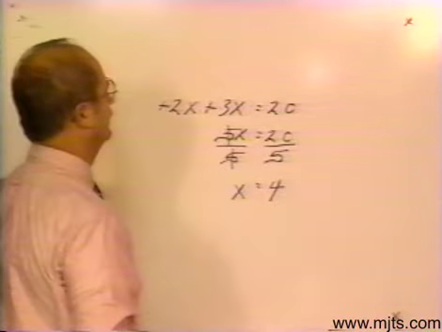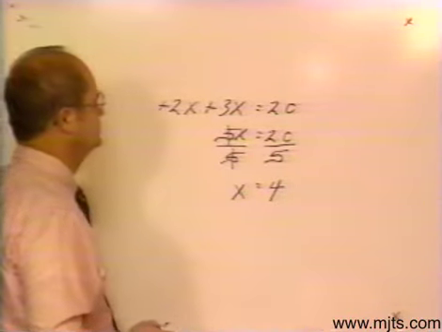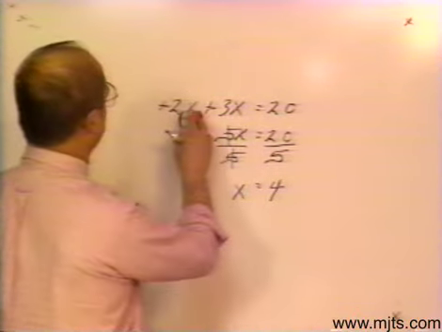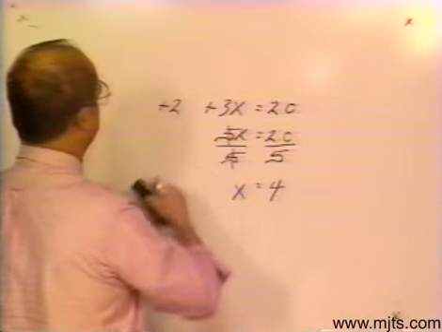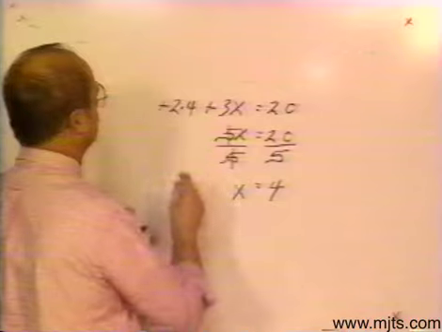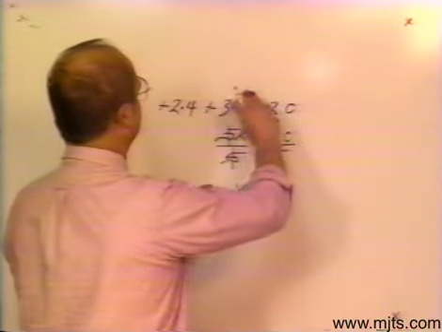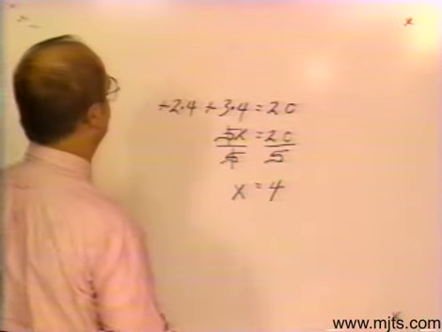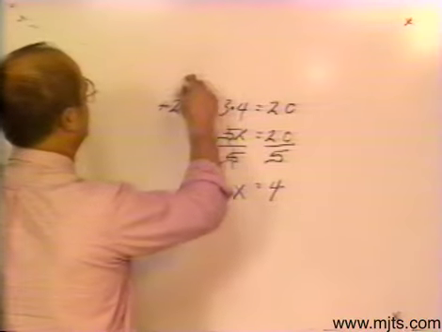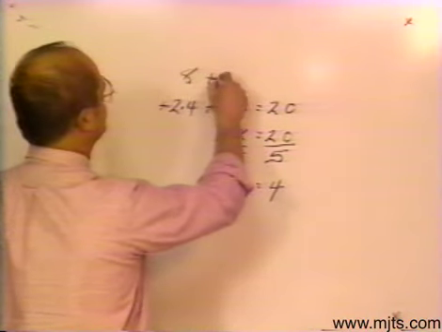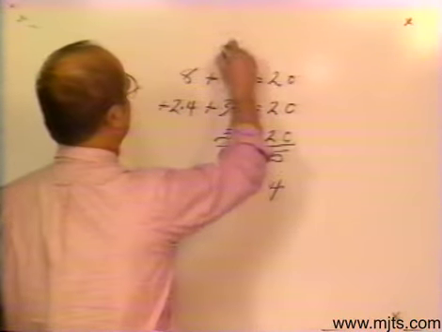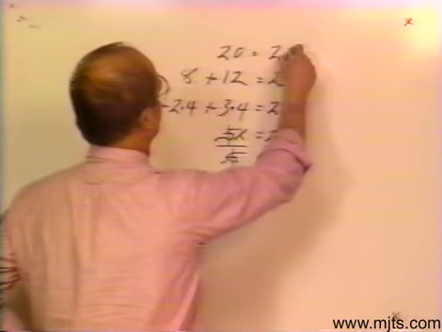Now to prove this out, I can go back to my original formula and plug in 4 times 4 again. Then you see I would have 8 plus 12 is equal to 20, or 20 is equal to 20.